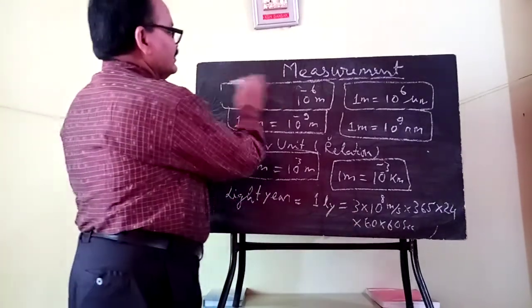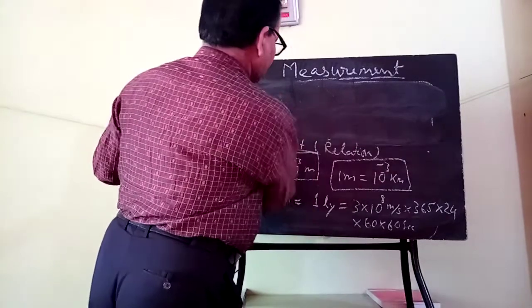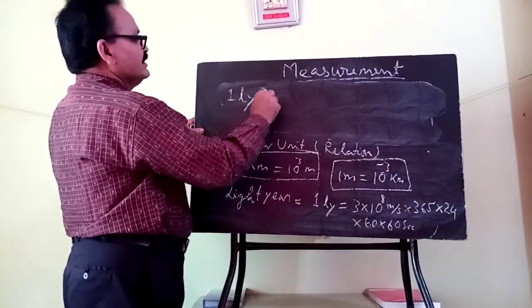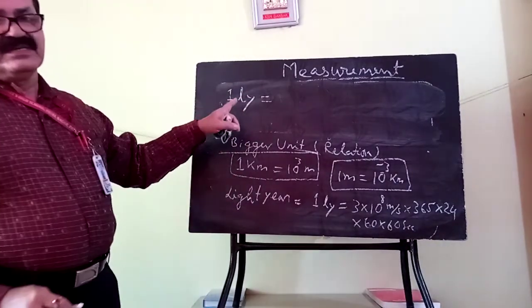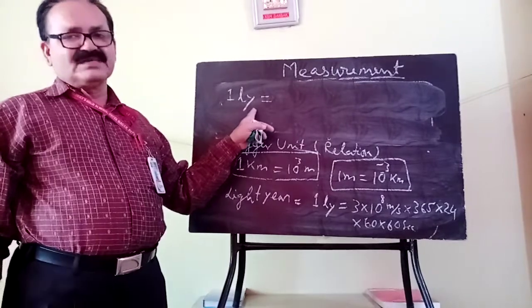Again I will remove it to get space. So 1 light year is the bigger unit of length to measure the distance between the planets.